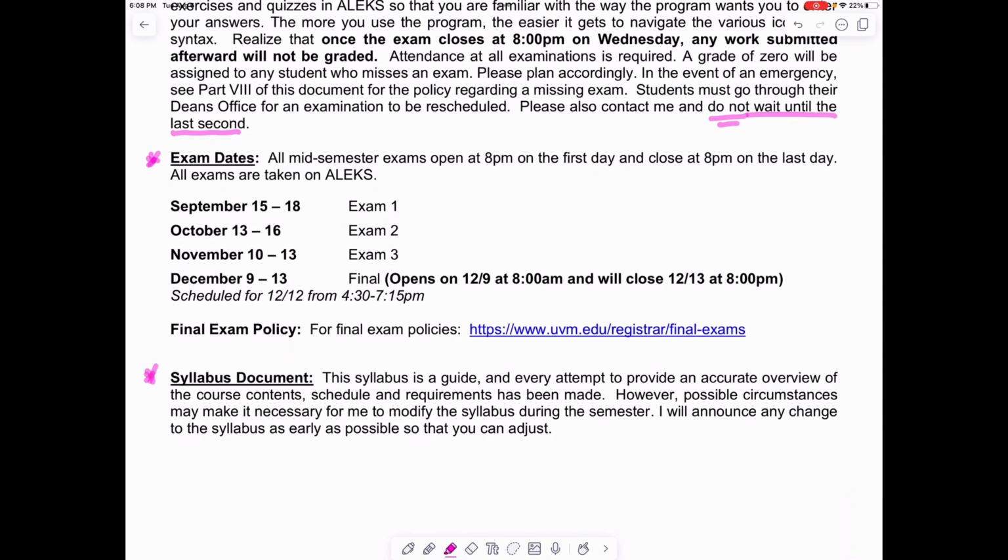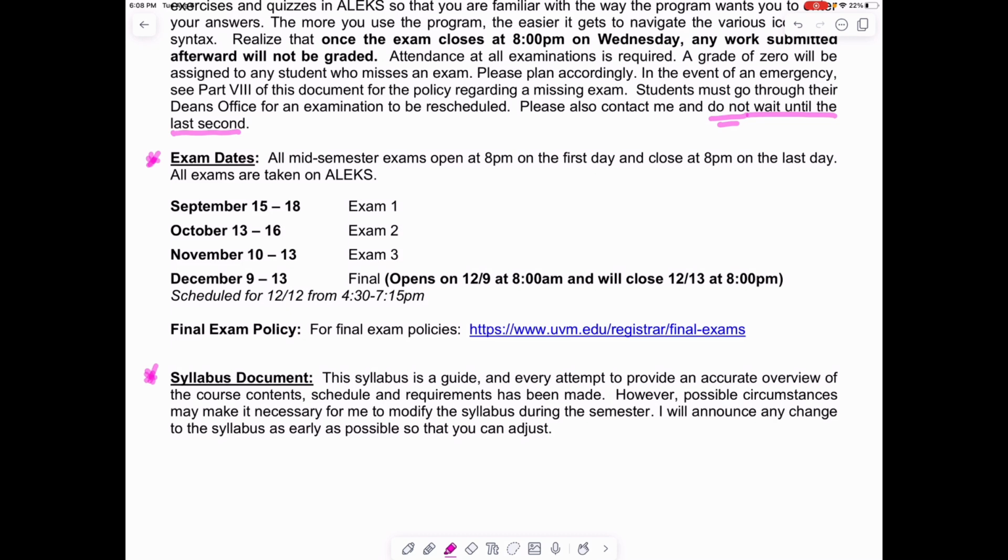And lastly, remember that this document could change. This is a great guide, and I provide it as much as I think I can to put down the content, schedule, things that are required of you, plus some extra campus things that you might want to check out.